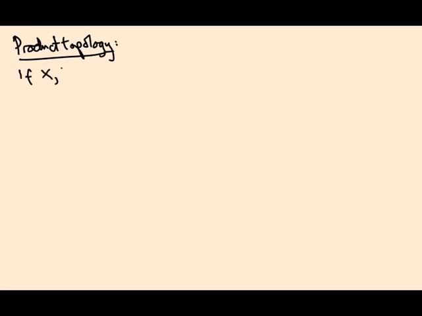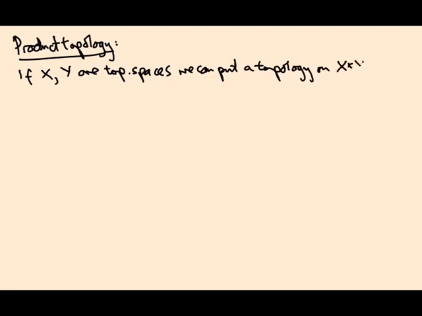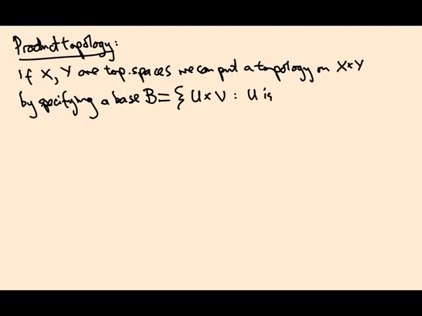If X and Y are topological spaces, we can put a topology on their product, X times Y, by specifying a basis, or a base B. In this case, the base is going to be the set of sets of the form U times V, where U is open in X and V is open in Y.